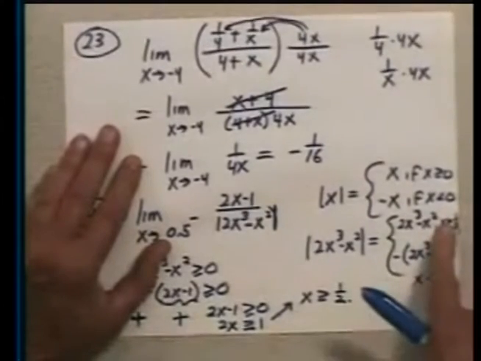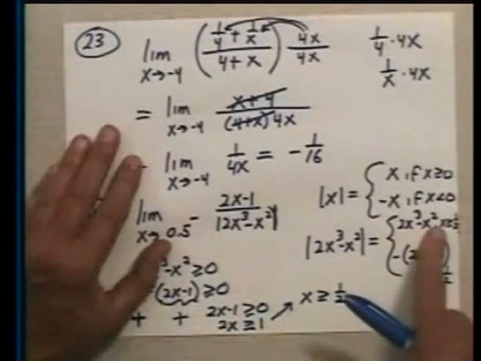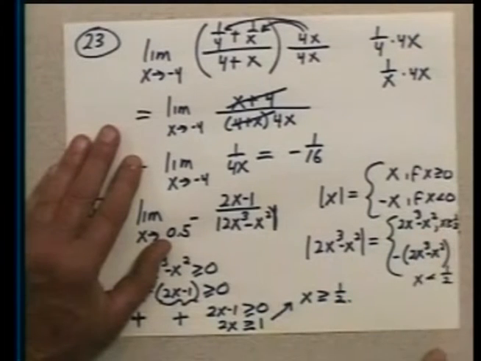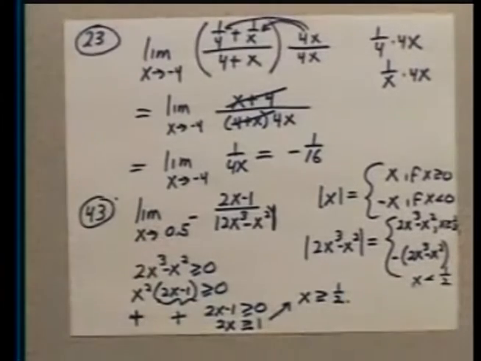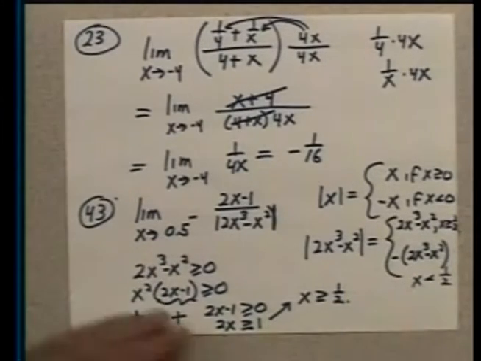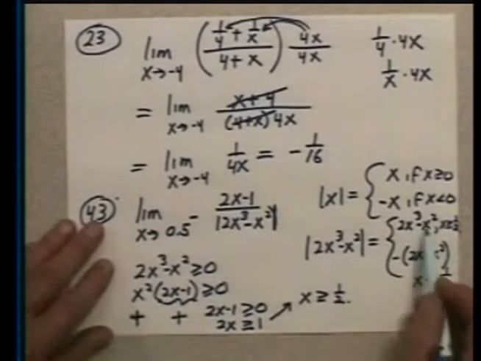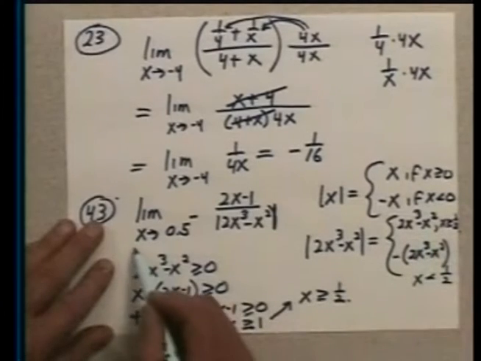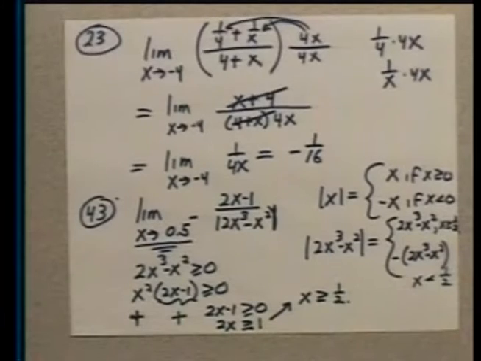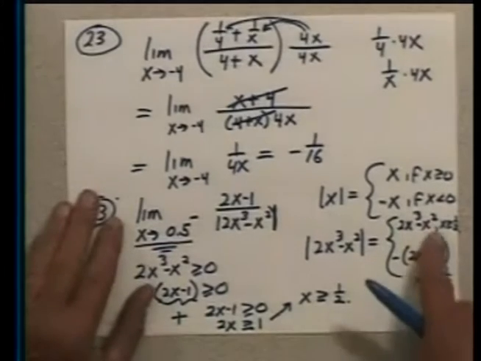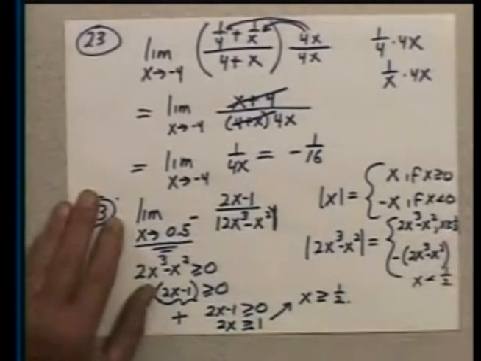If it's the positive version when you're greater than or equal to 1/2, then it's the opposite when x is less than 1/2. Now I have to know which of these two do I use. Well, look at your limit right here. Which side am I approaching 0.5 or 1/2 from? Which one of these conditions is left of 1/2? The second one.